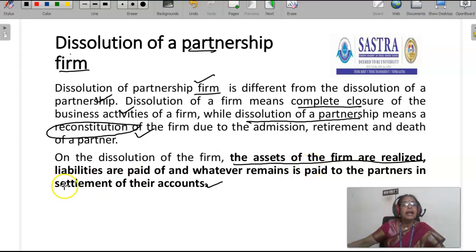Liabilities are settled or paid off. Whatever remains is paid to the partners in settlement of their accounts. They sell the assets, settle the liabilities, and if any amount remains, the balance is distributed to the partners. So this is the partnership firm dissolution.